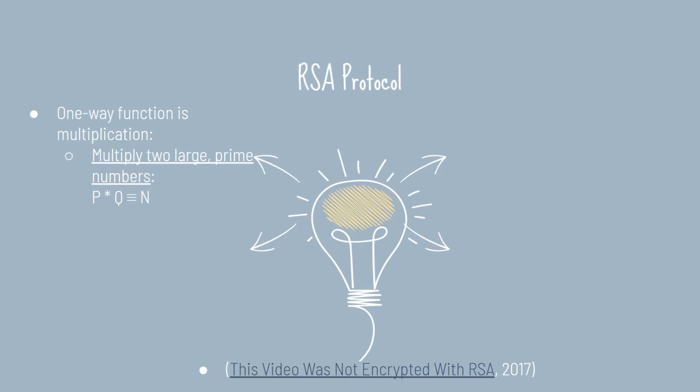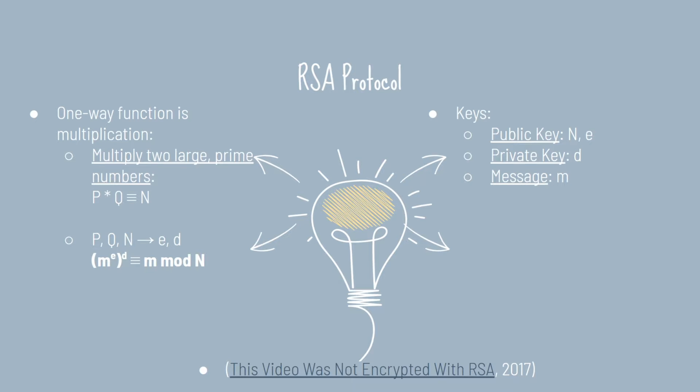Since you know the two factors of n, you can also produce another two numbers, e and d, such that m to the e to the d power equals the original number m mod n. The public key in this example is n and e published together. The private key is d, and m represents the message.